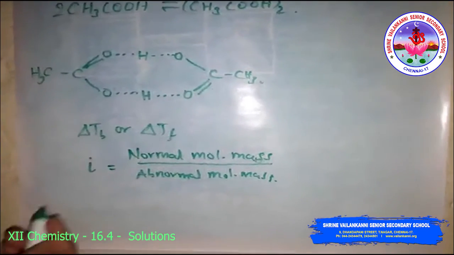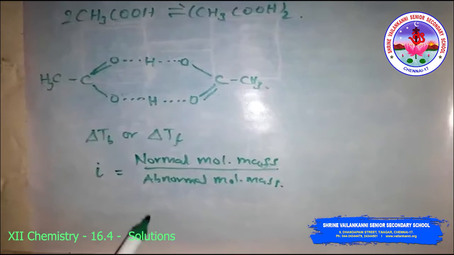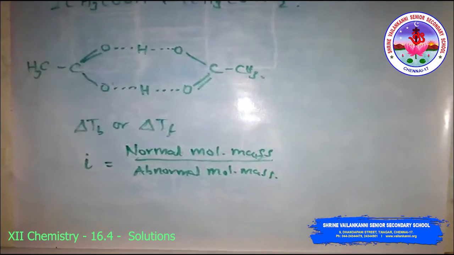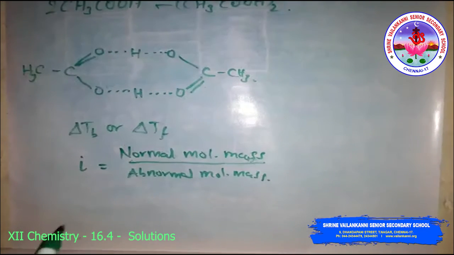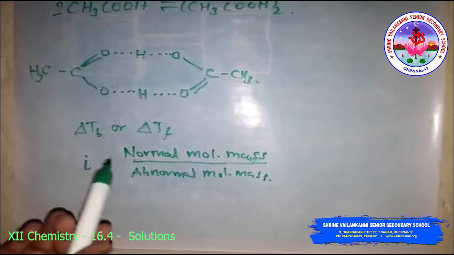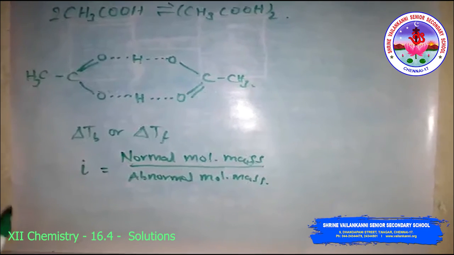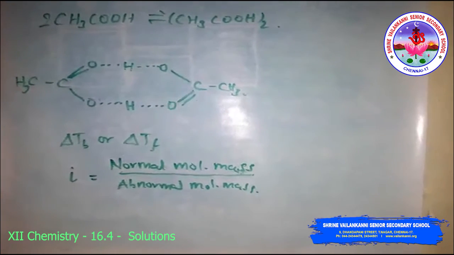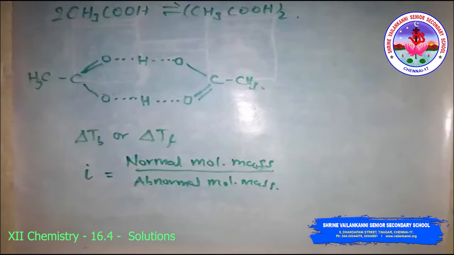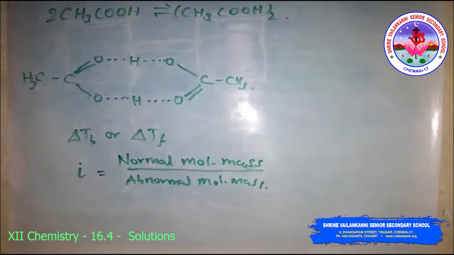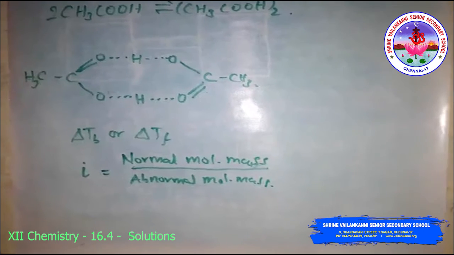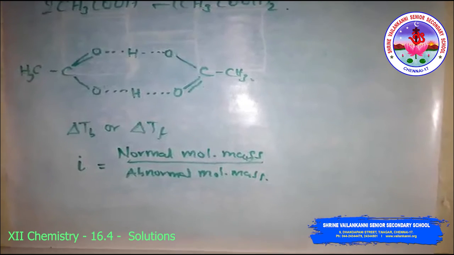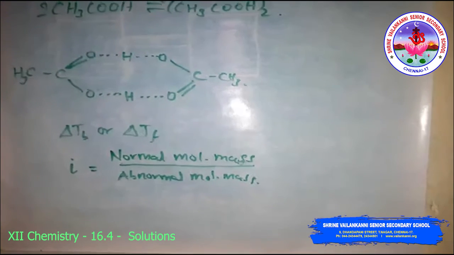Or we can write it as observed colligative property divided by calculated colligative property, or the total number of moles of particles after association or dissociation divided by the number of moles of particles before association or dissociation. Here the abnormal molar mass is the experimentally determined molar mass, and the calculated colligative properties are obtained by assuming that the non-volatile solute neither associates nor dissociates.